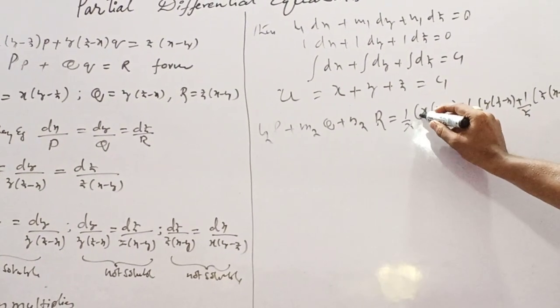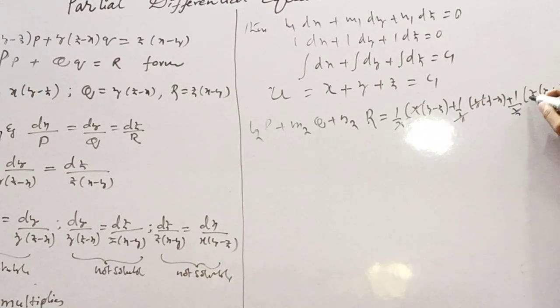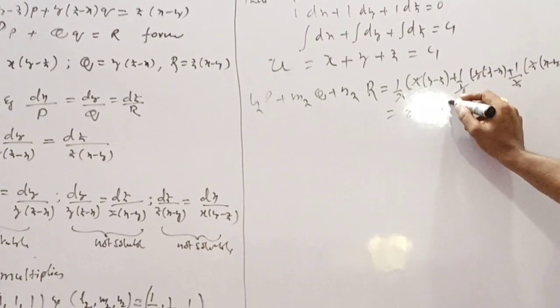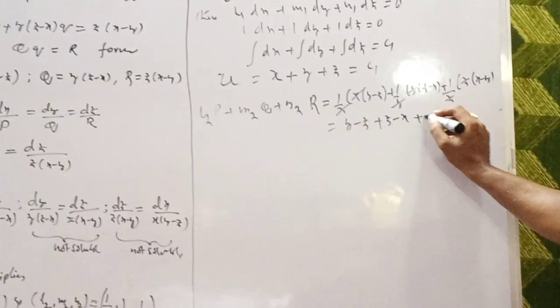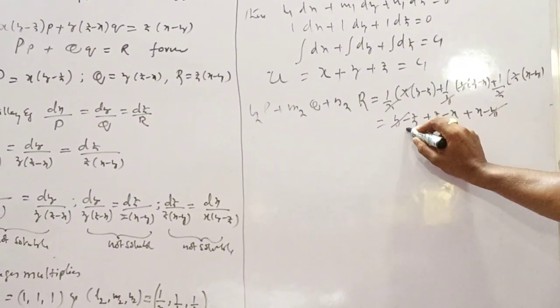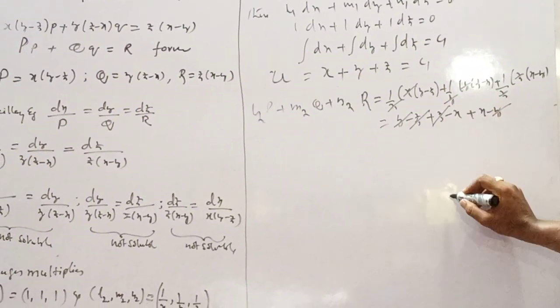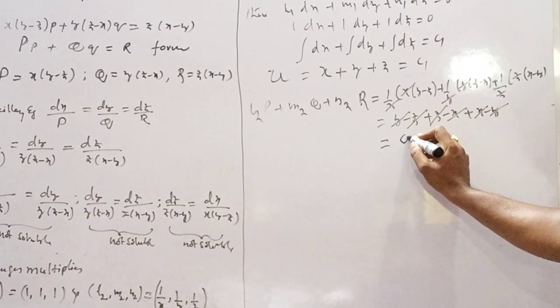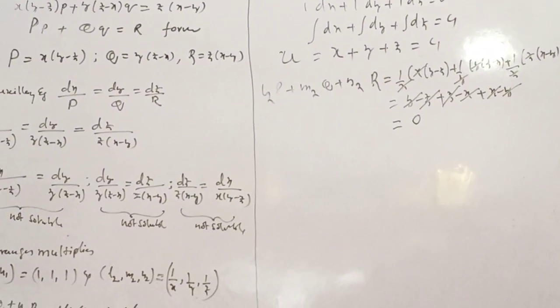Okay, x cancelled, y cancelled, z cancelled. So we have y minus z, z minus x, x minus y. Again plus y minus y get cancelled, minus z plus z get cancelled, minus x plus x cancelled. So this condition is also equal to 0.